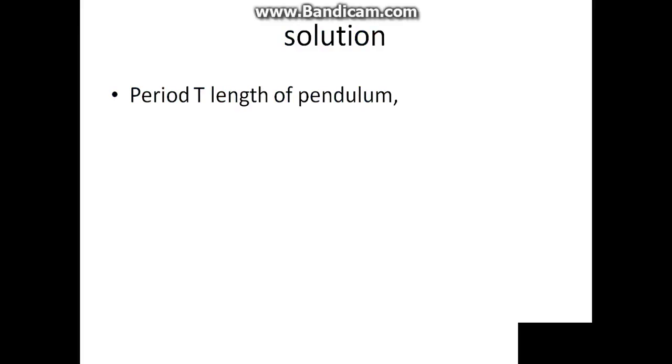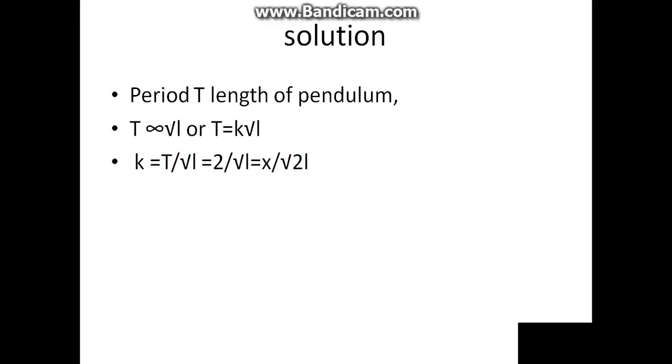Period T of a pendulum is directly proportional to the square root of the length, or T is equal to k times square root of length. k, the constant, is equal to T over square root of length, which is equal to 2 over square root of l, which is now equal to x over square root of 2l.